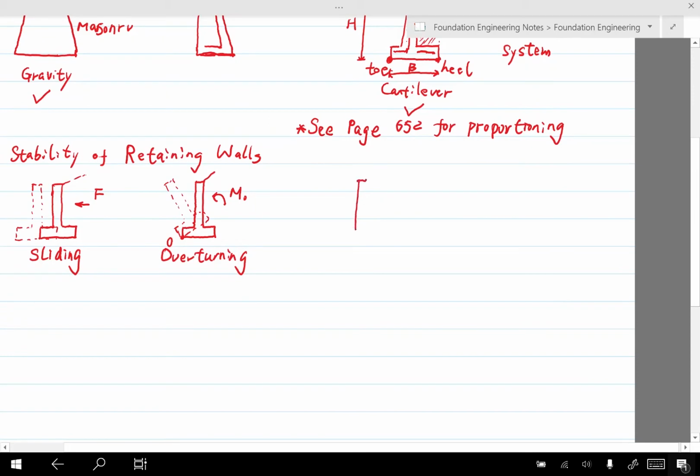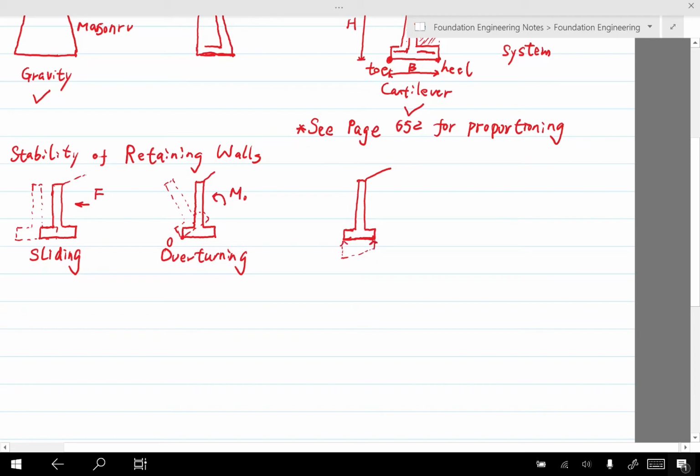is actually what we discussed a lot when we are learning the design theory for shallow foundation. We can also view this wall as something that's analogous to shallow foundation. So if that's the case, we're going to have the bearing pressure distribution like this.